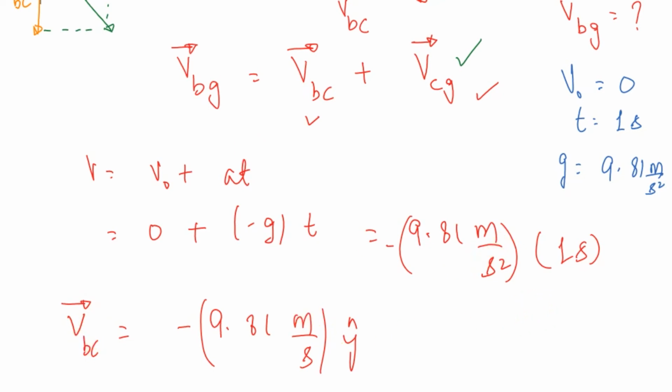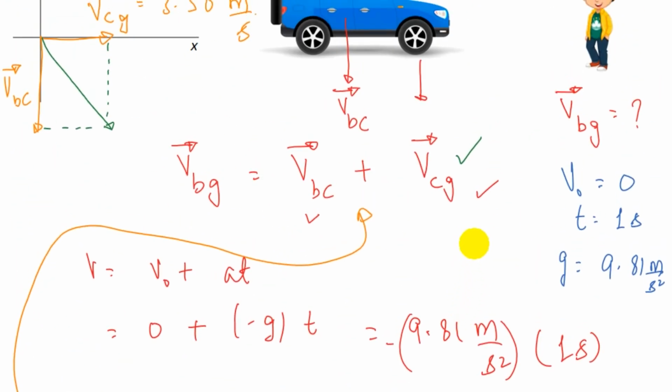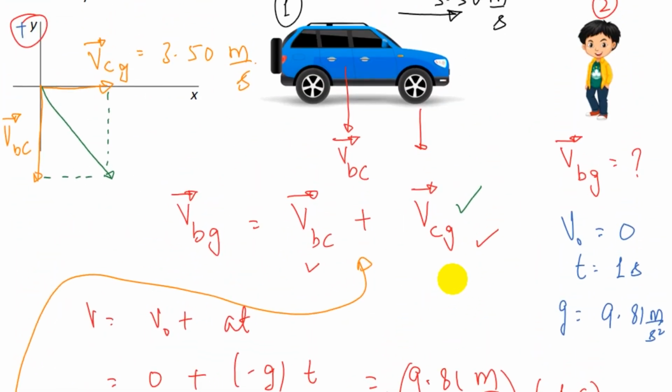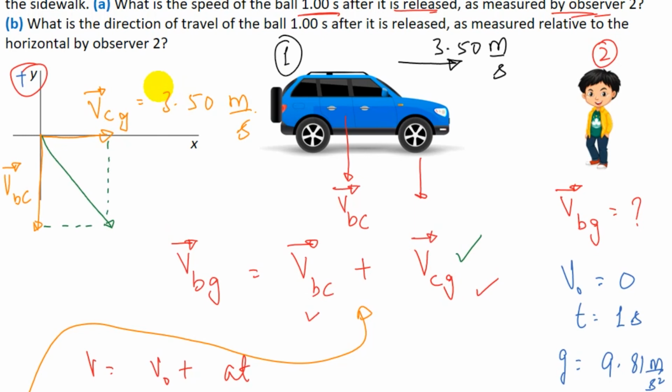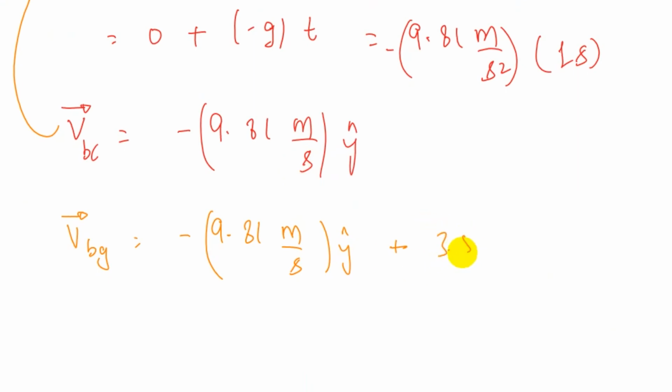Now we have all the values. So VBG equals VBC, which is minus 9.81 meter per second y cap, plus VCG, which is 3.50 along the x direction, so we multiply by the unit vector x cap: 3.50 meter per second x cap.